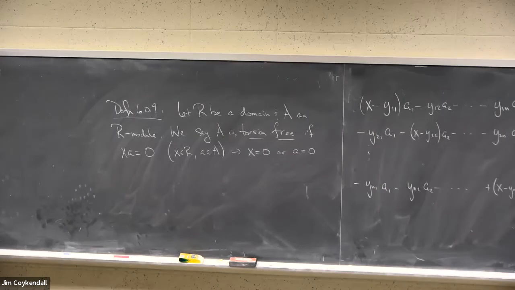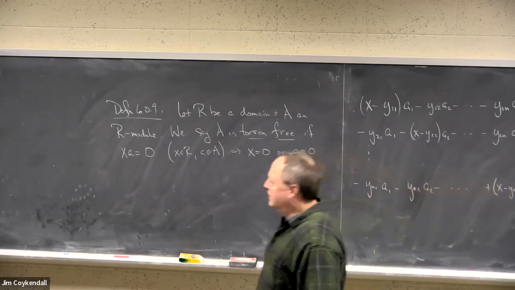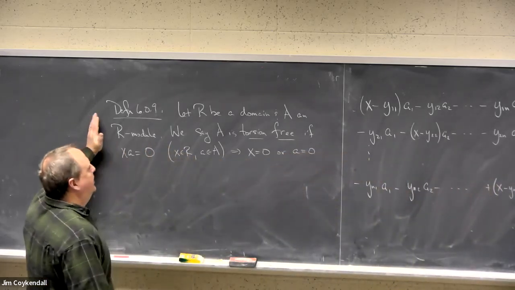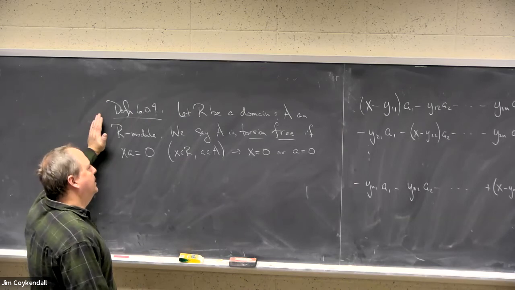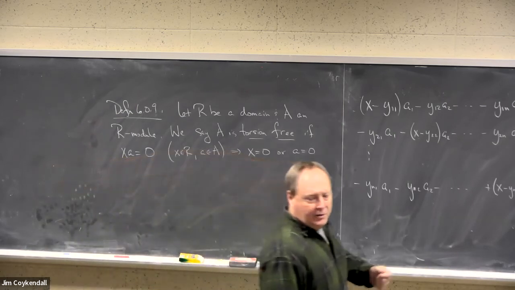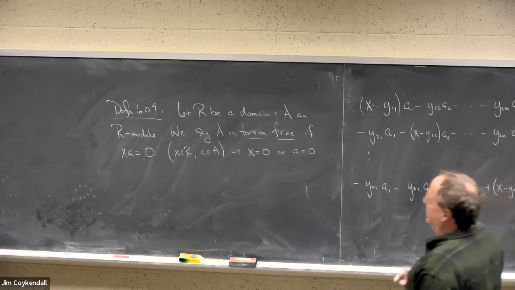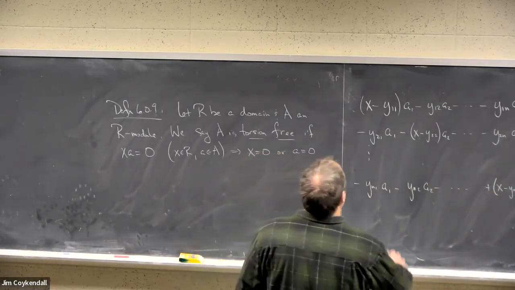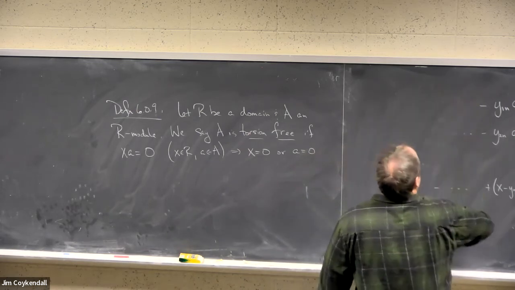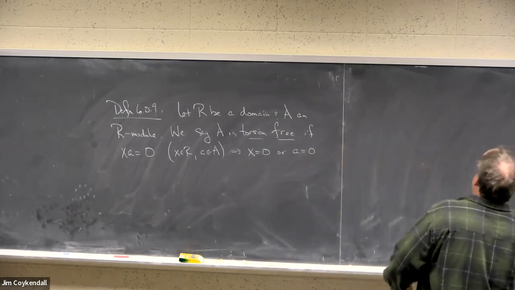One of the problems, and you can do things more generally, but the reason that we do domain here is that if you look at torsion elements, they may not be closed under addition if you don't have a domain. So let me give you an example.